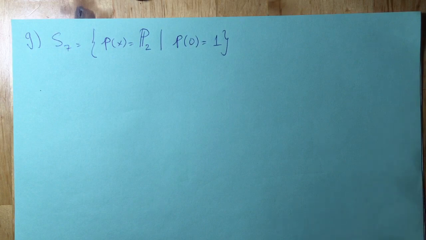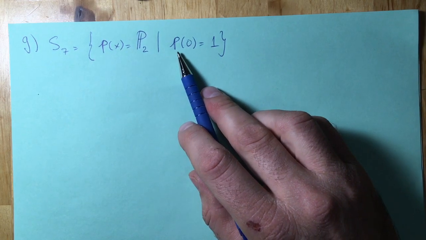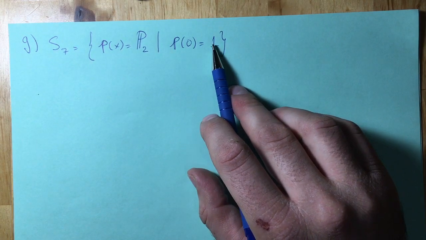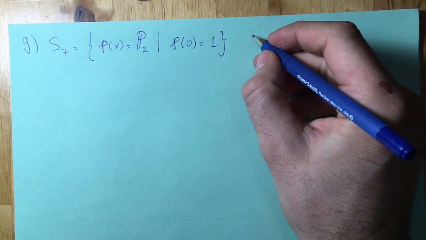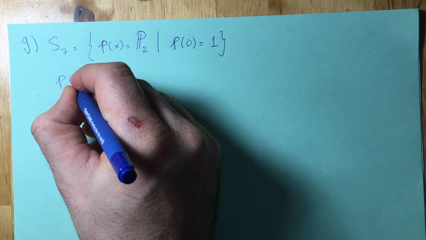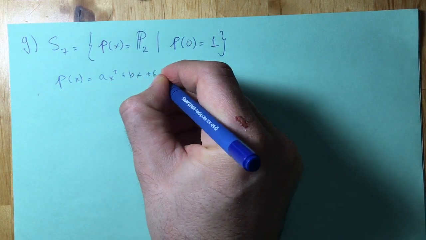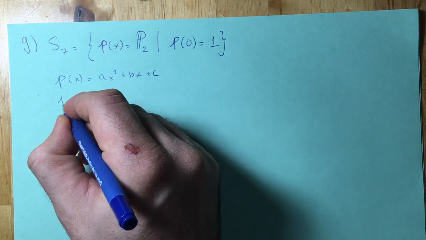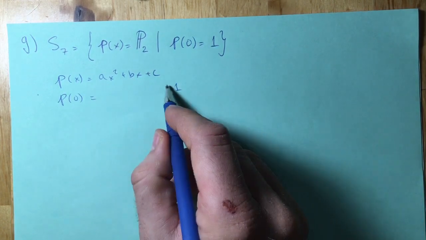Okay, so here we deal with quadratic polynomials, such that basically all the polynomials evaluated at 0 have value 1. So if you think about the general polynomials, p of x is equal to ax squared plus bx plus c, for which this is satisfied, where p of 0 is 1. p of 0 is what?